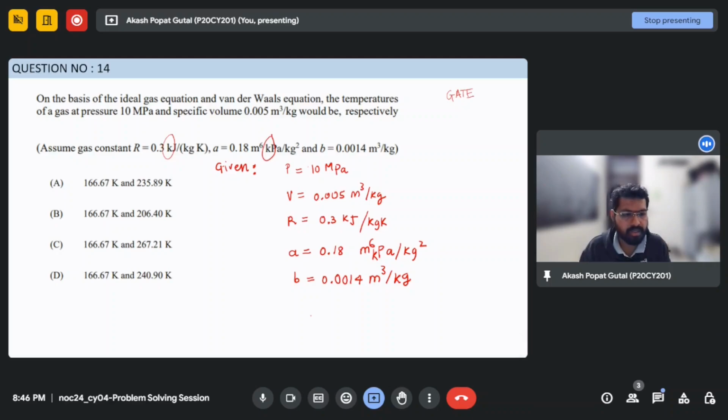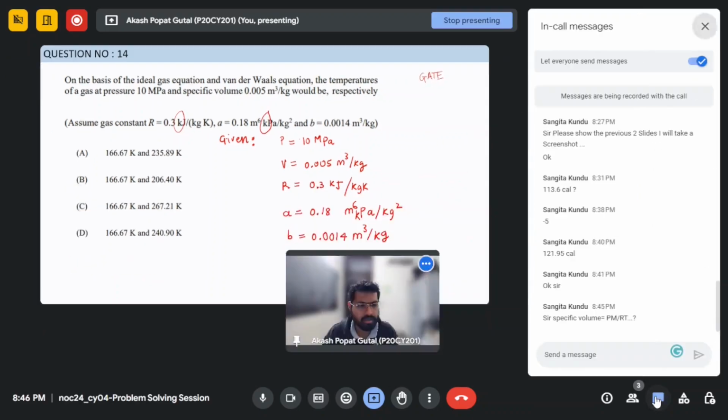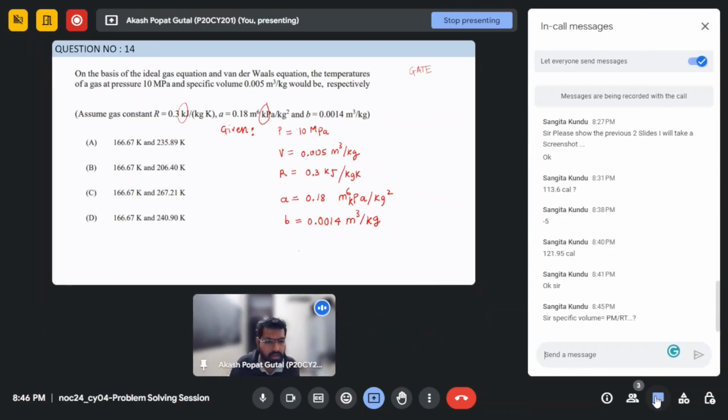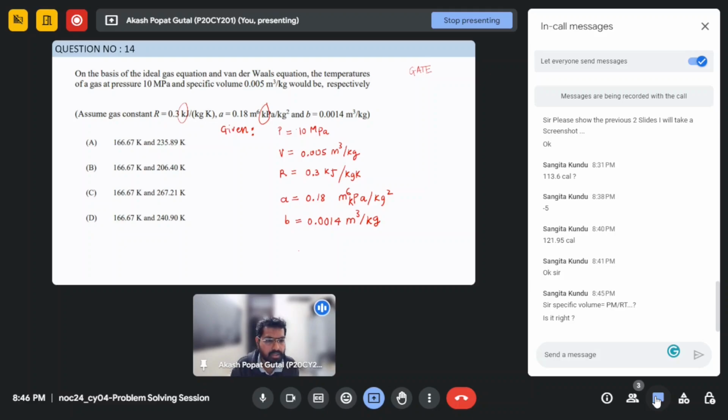Specific volume, Pv by RT, on the basis of the ideal gas equation. You can say the same. How you are calculating Pv by RT?